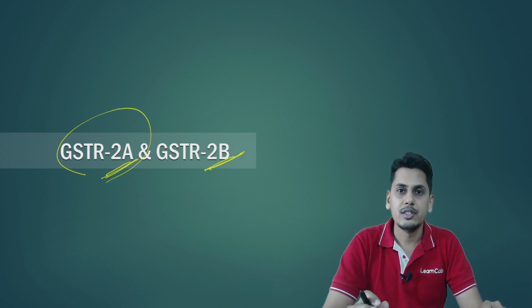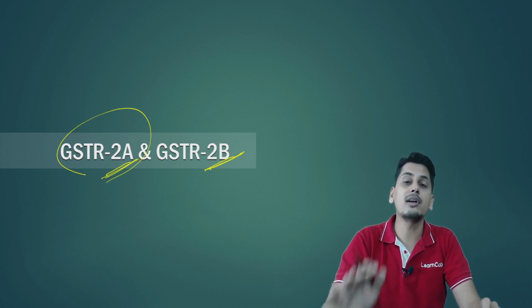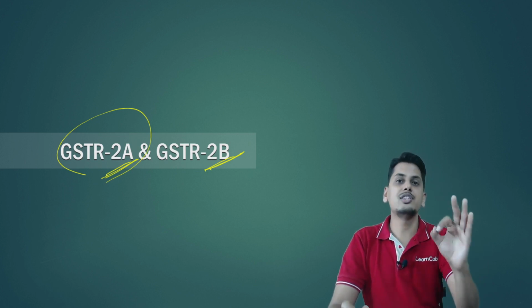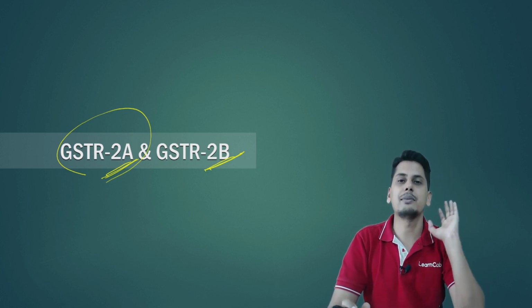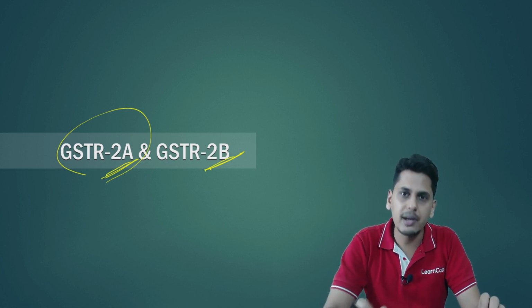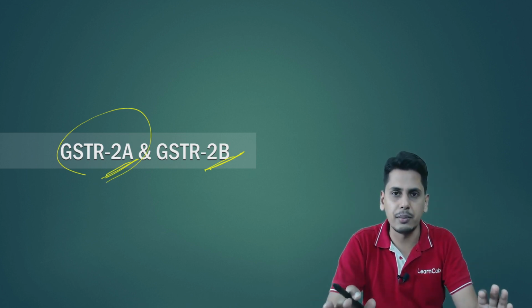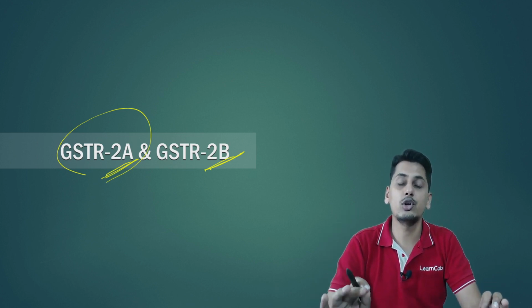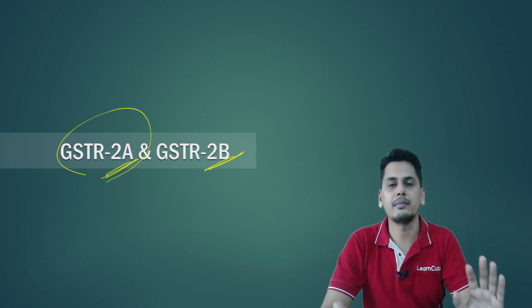Case A, GSTR-1 of September is filed on 10th of October. Still it would appear in GSTR-2A of September. GSTR-1 of September is filed on 30th of October. It would appear in GSTR-2A of September.